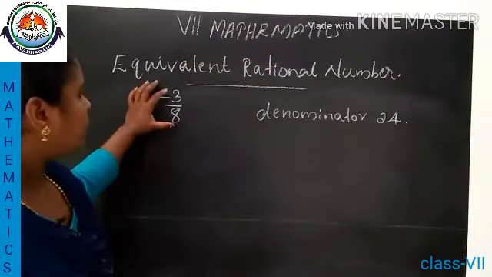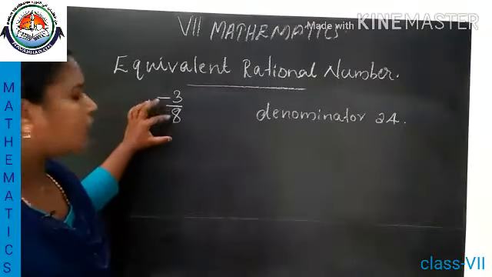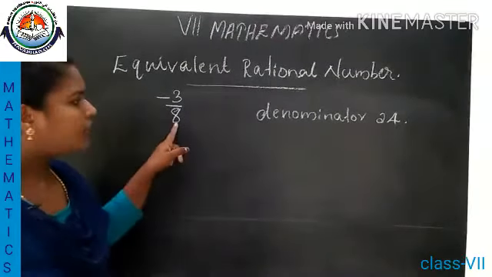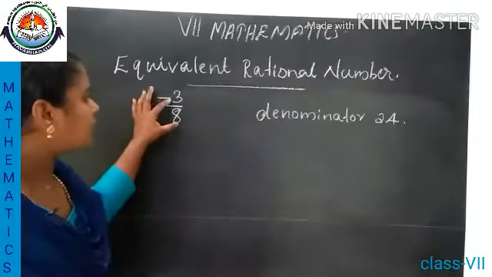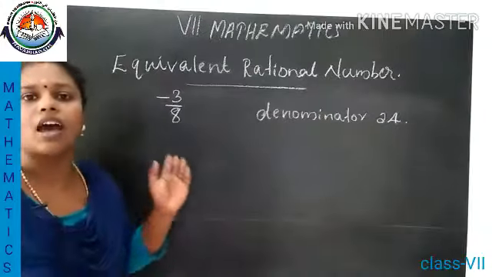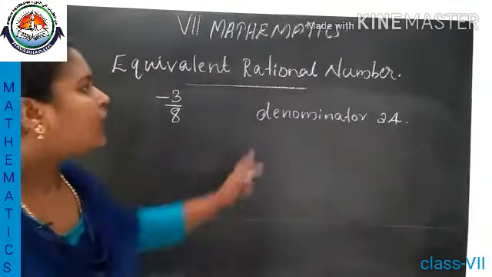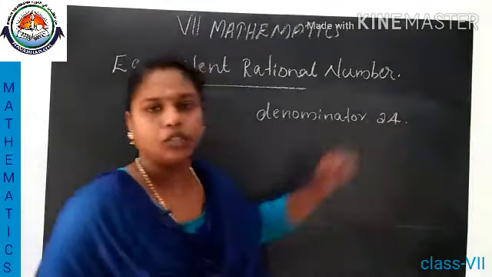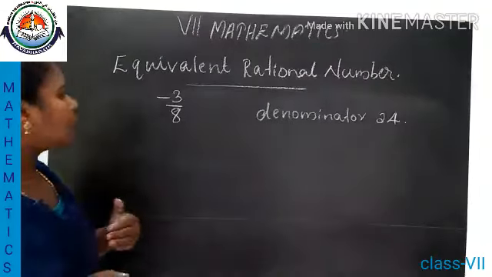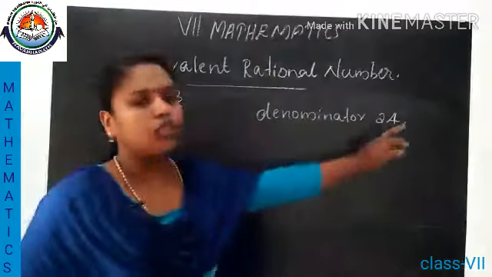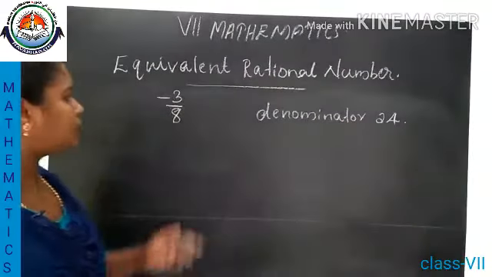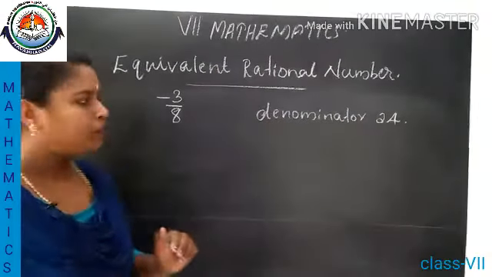Here the denominator is 8, so we need to rewrite it with denominator 24. We need to check how can we change this 8 into 24.